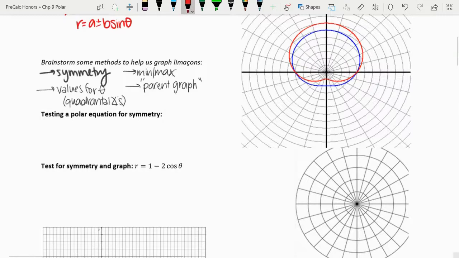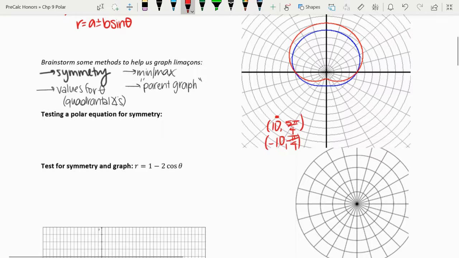But for polar functions, since there are an infinite number of ways to label a point in the coordinate plane, right? Like if I have this point over here, I don't know what the r value is, but let's say this point is 10, 5 pi over 4. Well, I could also call this negative 10, pi over 4, right? I could call it 10, negative 3 pi over 4. So there's an infinite number of ways.